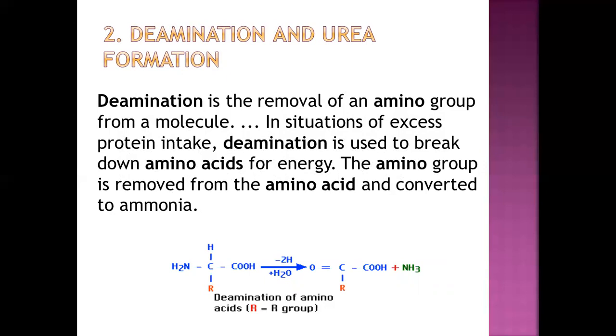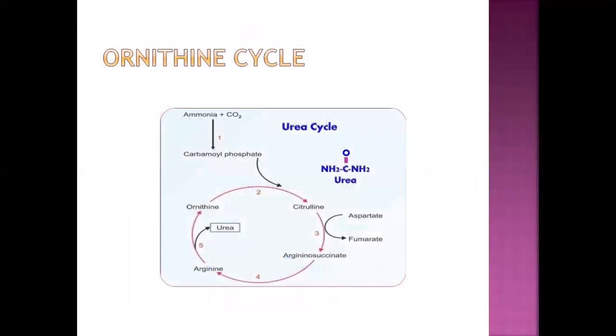Here is the equation. This equation is just for your knowledge; otherwise, it is not necessary according to the content in your book. Ornithine cycle. The ornithine cycle is actually the formation of urea, but how?